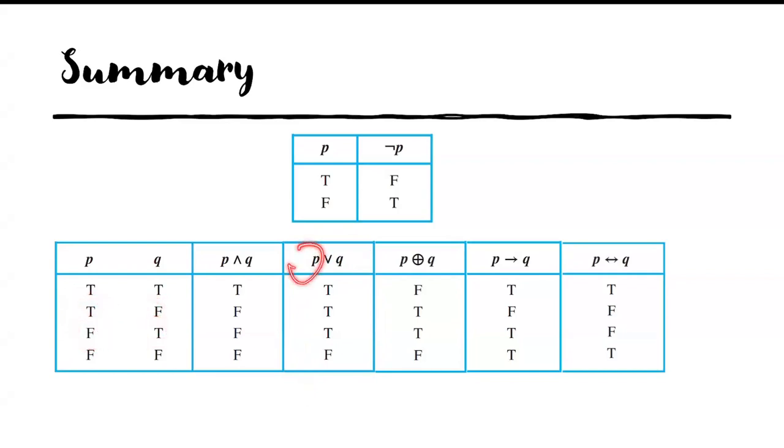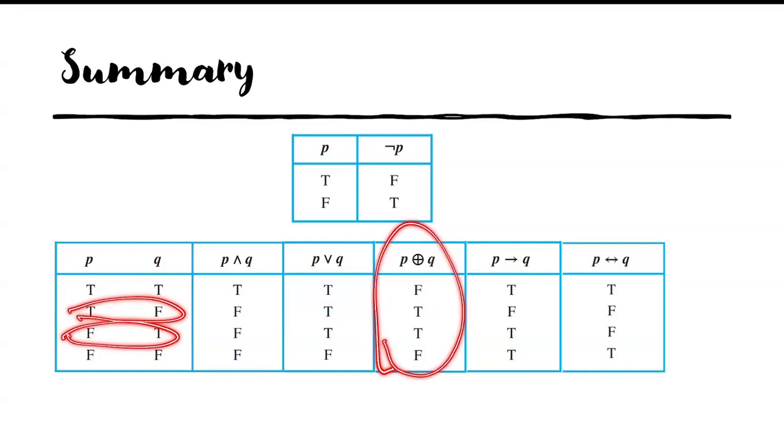So you can have P or Q, or you could have both. You could have P and Q both true. Now for the exclusive or, you cannot have P and Q both true. So exclusive or is like the either-or: only one of the two is true. You can have true-false or false-true. They cannot be both true or both false.